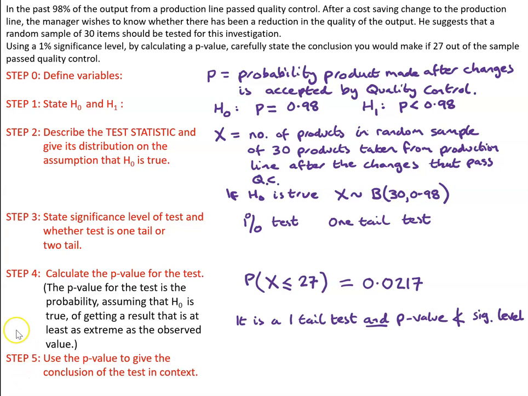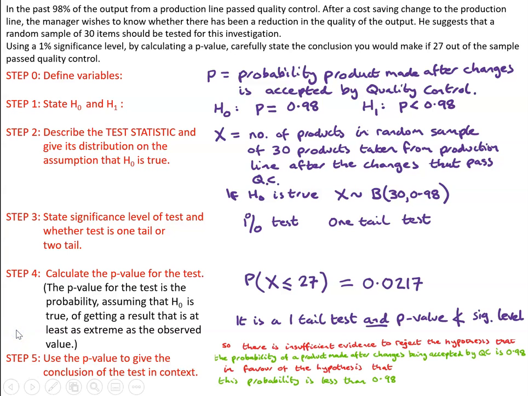And putting that into context, we would be saying there is insufficient evidence to reject the hypothesis that the probability of a product made after the changes being accepted by quality control is 0.98 in favour of the hypothesis that the probability is less than 0.98. So we haven't got enough evidence to reject the null hypothesis.